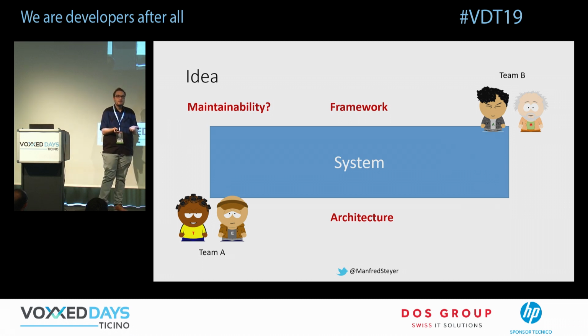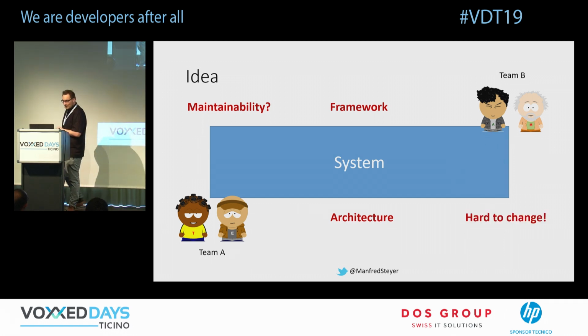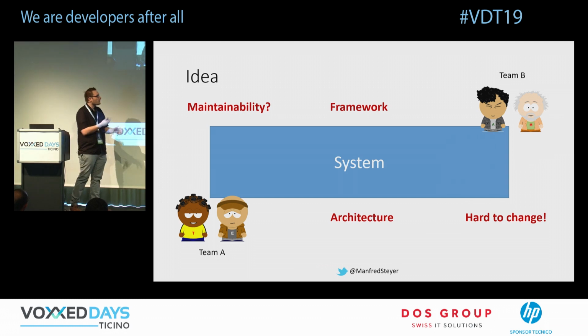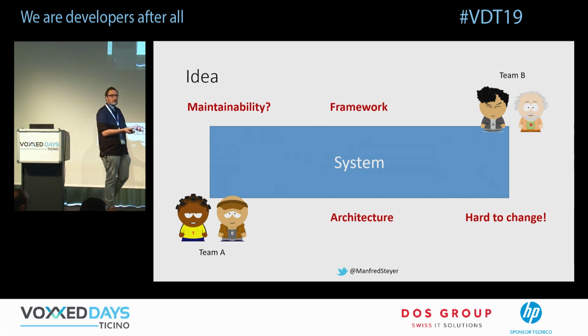And in those situations, we don't want to stick with our decisions we've made 10 years ago, namely nowadays. At the end of the day, we also get a system that is very difficult to change. Changing the overall framework, changing the overall architecture is very difficult in there.